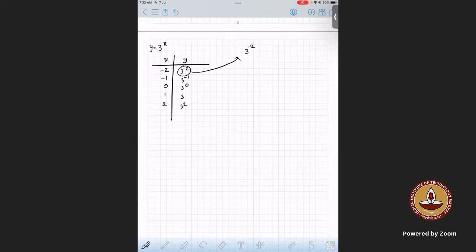It is in the form of a power -n. What is the value of a power -n? It is 1 by a power n.